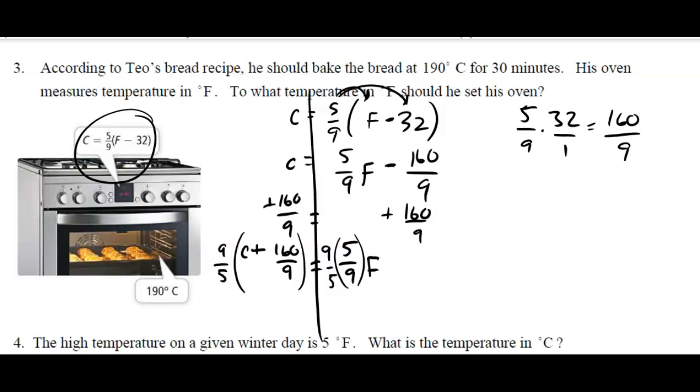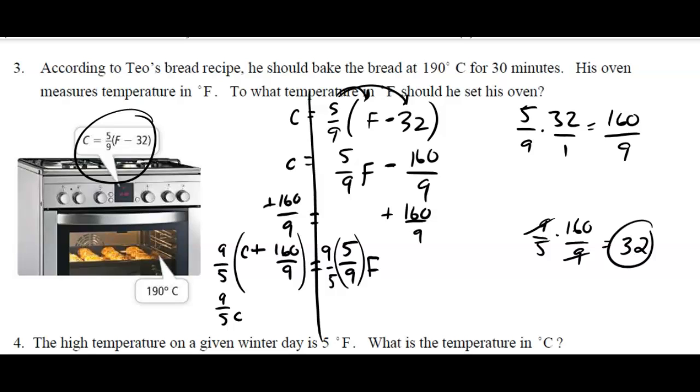Okay? So now I come over here, I have 9/5 C. And then I'm going to come over here. And guess what? If I do 9/5 times 160 over 9, my 9's cancel out right there. And guess what 160 divided by 5 is? Well, we are back to 32 degrees.